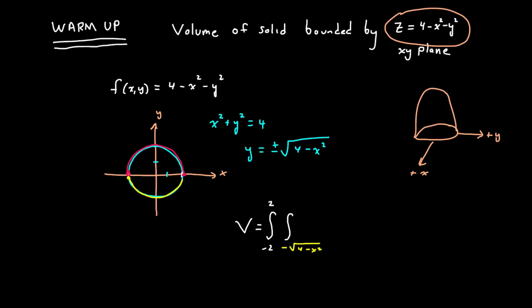And the top function, which I'll put in pink, is the positive square root of 4 minus x squared. And of course, we're taking the integral of the function, 4 minus x squared minus y squared, and my order was dy dx. You could see how complicated this could become with these radicals.